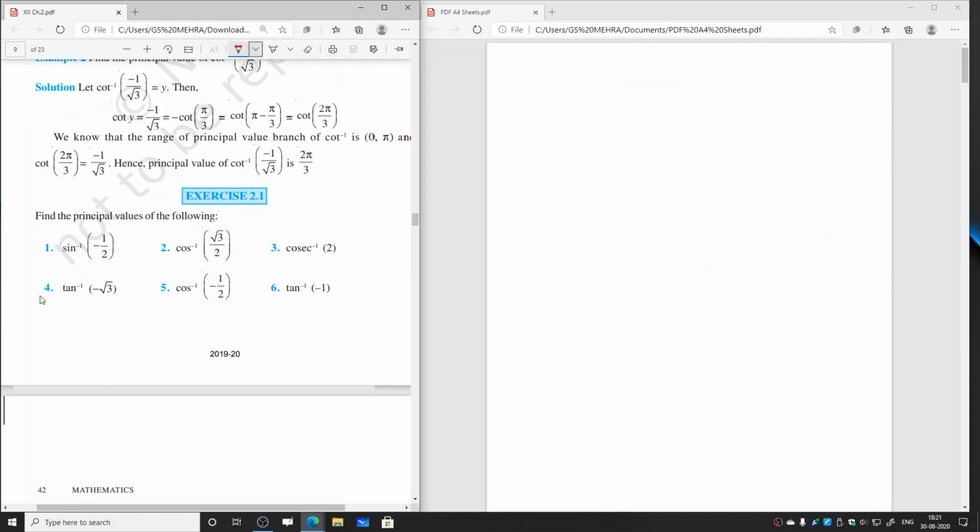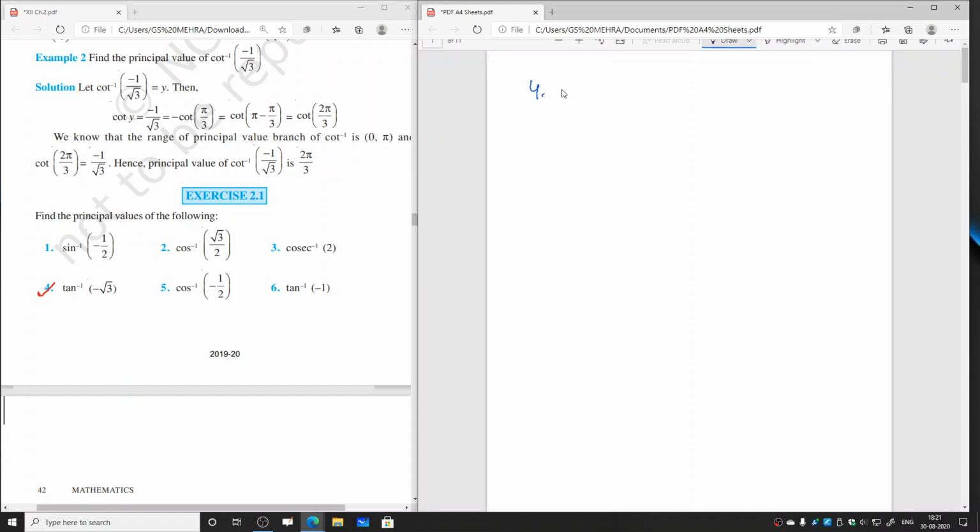Now let us do the fourth one: tan inverse minus root 3. We have to find the principal value for this.